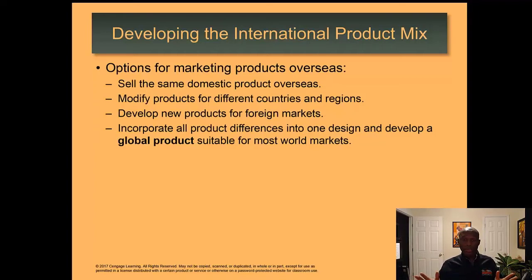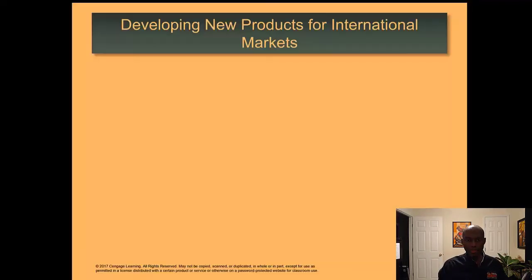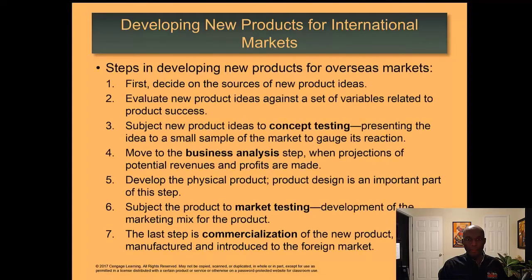You can develop new products for foreign markets, and you can develop a global product by taking all product differences into one design, a standardized product. So you have a lot of options.